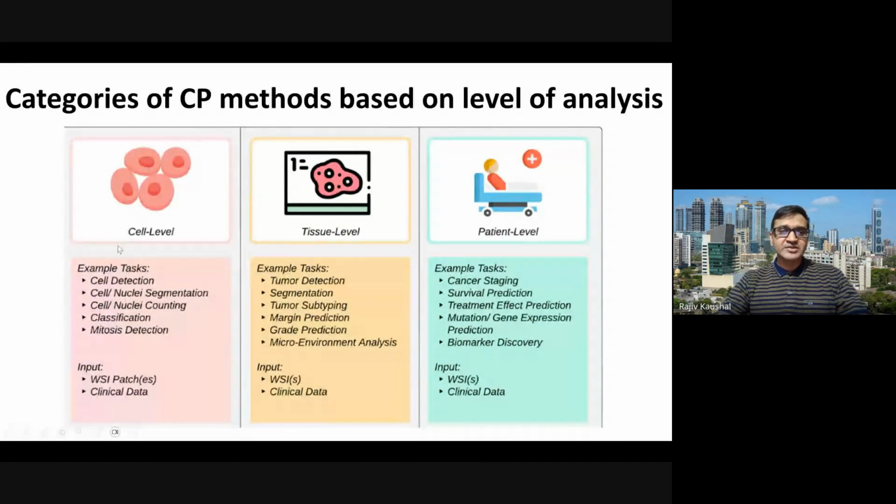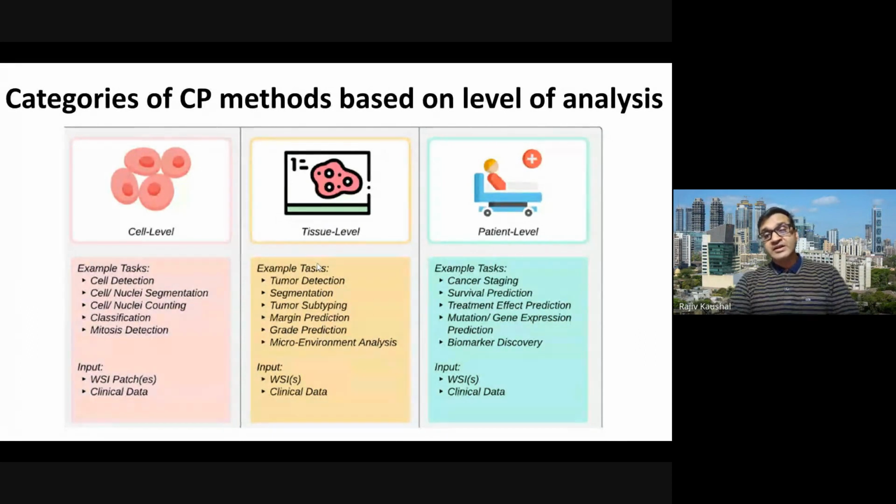There are some applications at the cell level, where the AI algorithms focus on nuclear segmentation, nuclear features, or the mitotic count. There are some applications developed at the tissue level, like tumor detection or segmentation, or margin prediction, so they work on the tissue or whole slide.